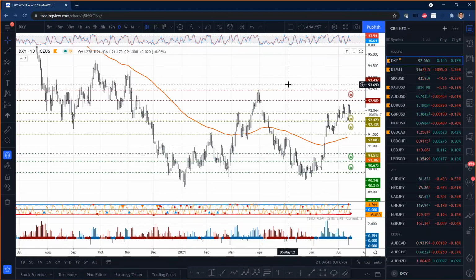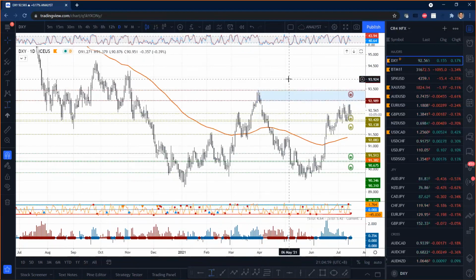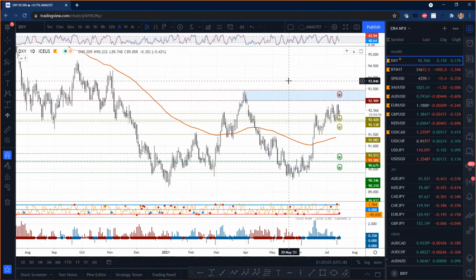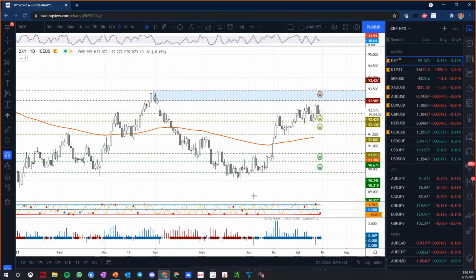So if you are new to our technology, we do have auto UFOs, which identify, if they're red, areas where we are interested in selling a particular market, in this case the US dollar, and areas at which we are interested in buying the US dollar index.